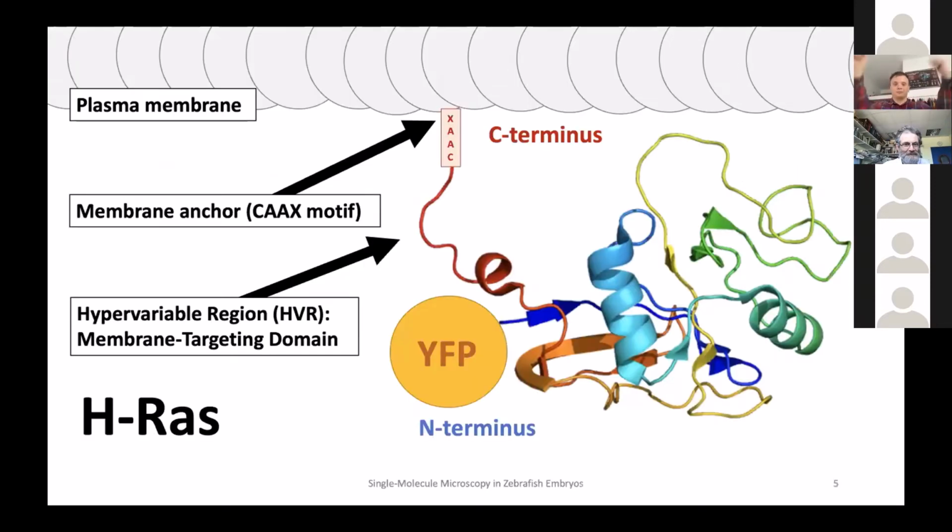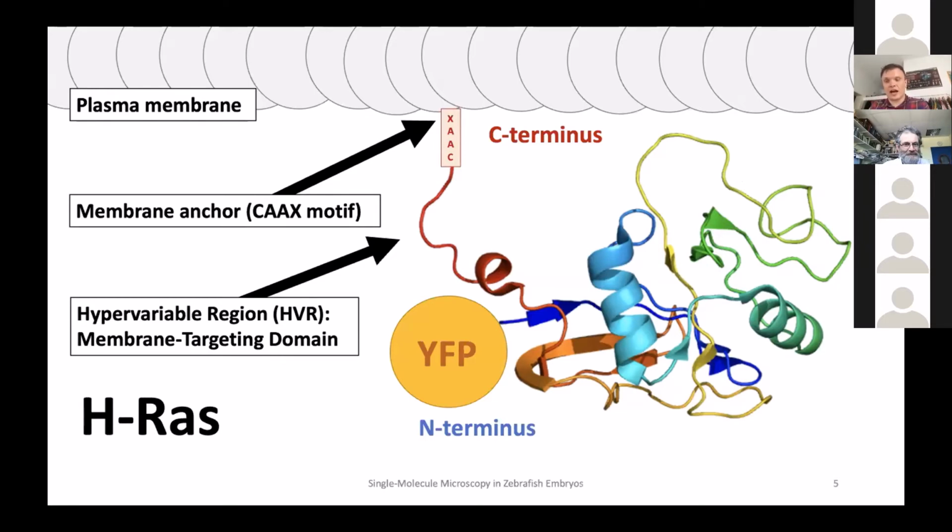Our protein of interest is HRAS. HRAS is a protein of the RAS family, a small GTPase that is a key early player in the signaling pathway leading to cell proliferation and division.